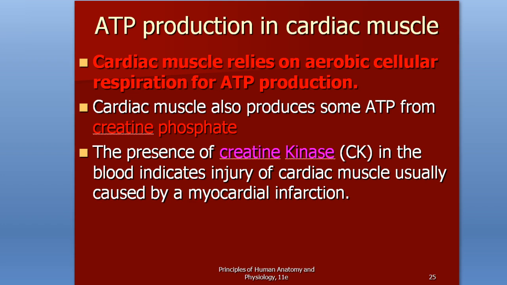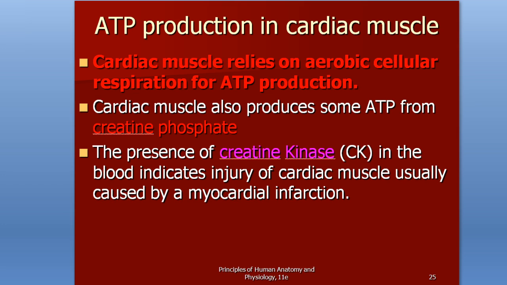If there is an issue, if the heart is under stress due to lack of blood flow, it says that the heart muscle can also produce some ATP from a different source known as creatine phosphate. Now, in order for the heart to make ATPs via creatine phosphate, it has to produce an enzyme called creatine kinase.